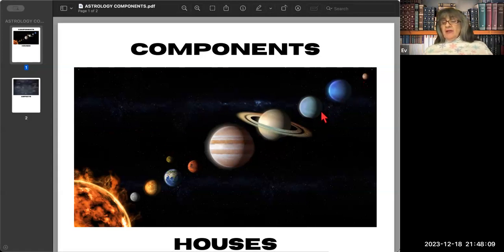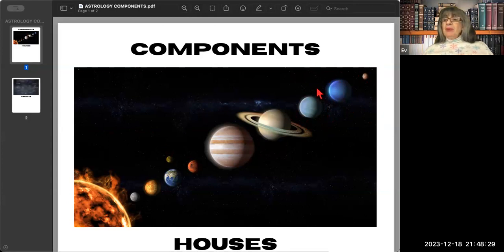Now, out here, there's an asteroid belt, and around here somewhere between Pluto, Neptune, Uranus. These are the outer planets, by the way. Chiron is here. Chiron we work with in the natal chart.